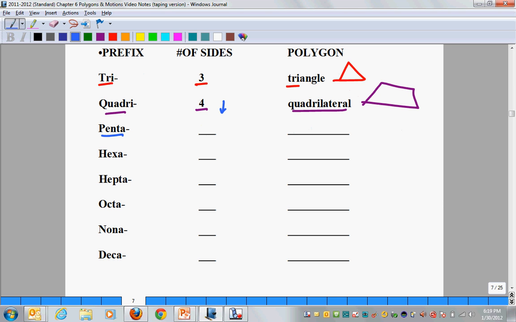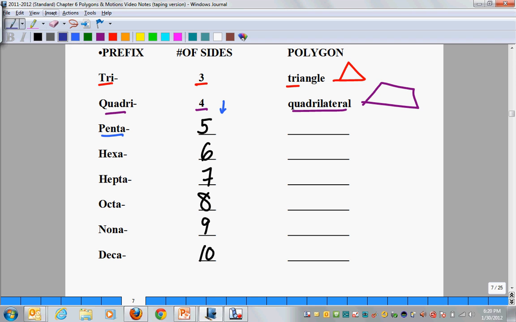Let's see if you are correct. You should have noticed, penta is 5, hexa 6, hepta 7, octa 8, nona 9, and deca 10. Deca, same prefix as decade for 10.